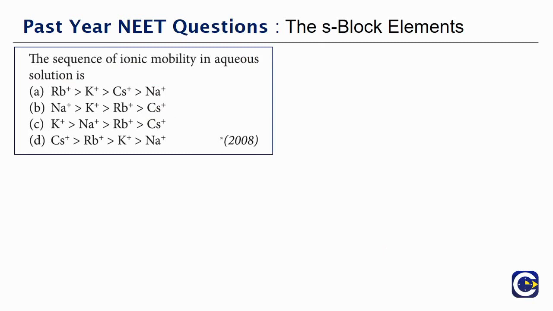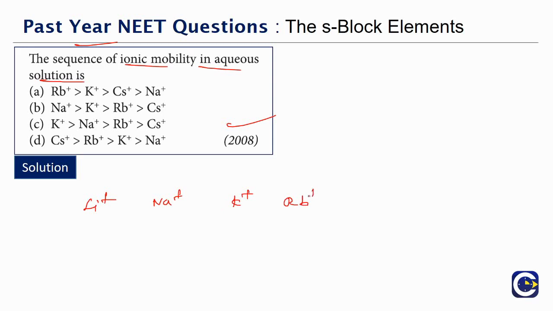Next we have a question on mobility. The sequence of ionic mobility in aqueous solution is... It's a question that we probably discussed in part 1 or part 2 also. If you look at these ions, lithium, sodium, potassium, rubidium and cesium, all of them are monovalent ions. Lithium has the smallest size, then sodium.